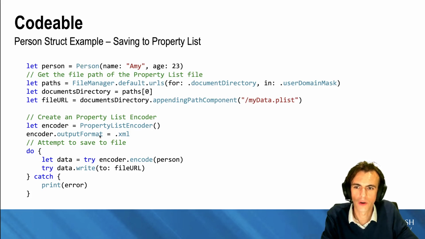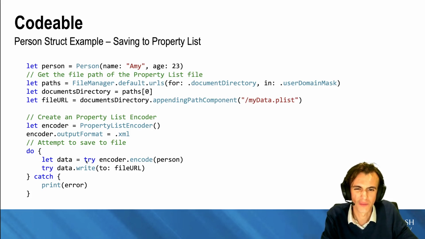We tell the encoder what format to output to because it can encode to a variety of different file formats, and you can have a look at the documentation to see this. We just specify .xml, and then we ask the encoder to encode our person instance of the struct here, and give us back some data. And this type will just be a type called data.